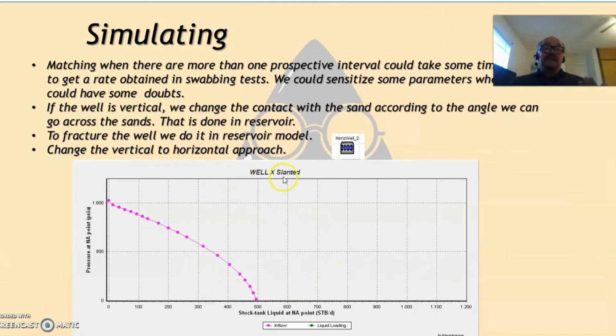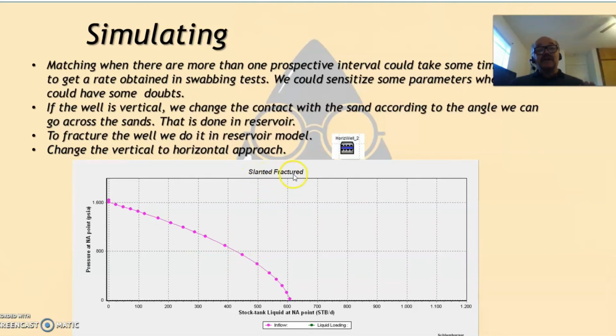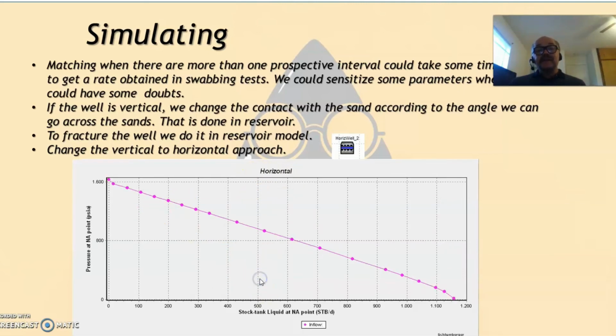By the way, when we have an exploration well, we can optimize the well, but we also design or visualize how the wells are going to be to develop the reserves for the whole field. So we see how much the well increases if we drill a slanted well, if we frack that slanted well, and even if we go horizontal.